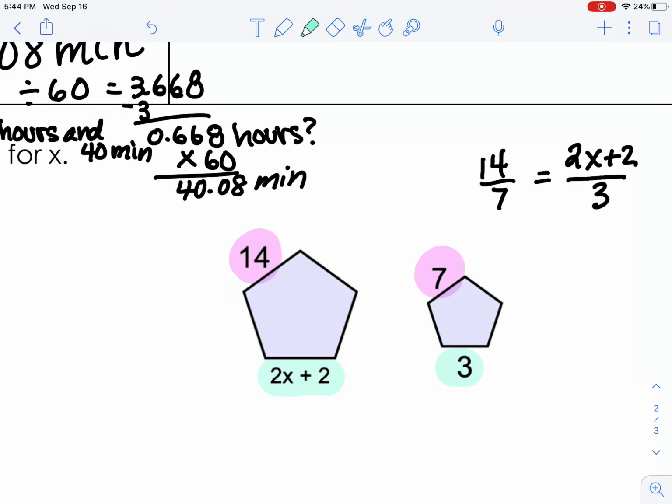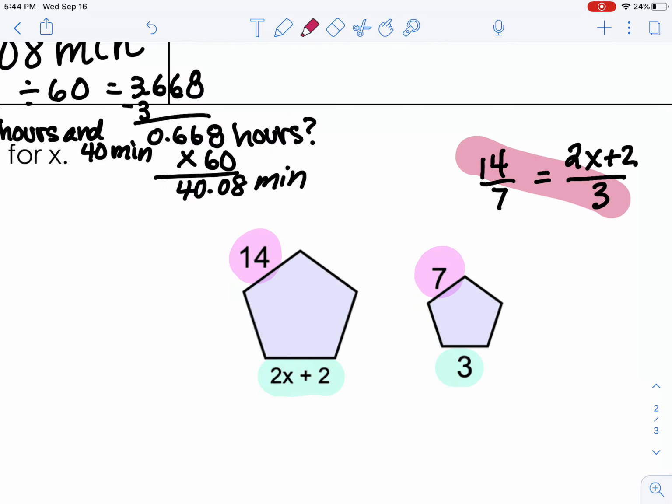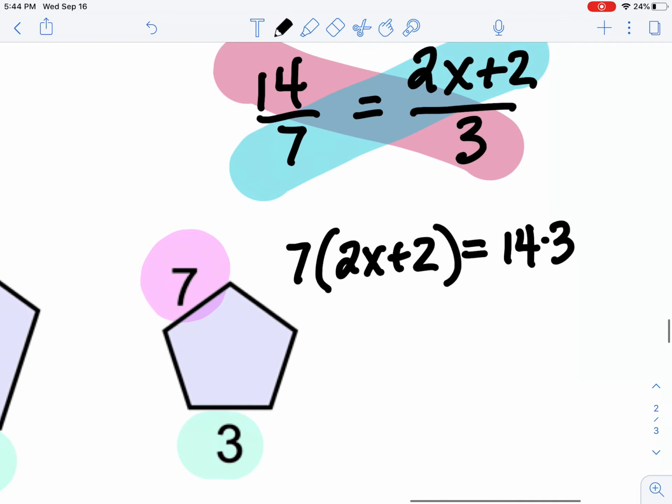Now you would do your cross products. And I'm going to put the one with the variable on the left. So it would be 7 times 2x plus 2 equals 14 times 3. And I'm noticing on this one, guys, that I don't need to distribute the 7. You certainly can. You'll get the same answer.